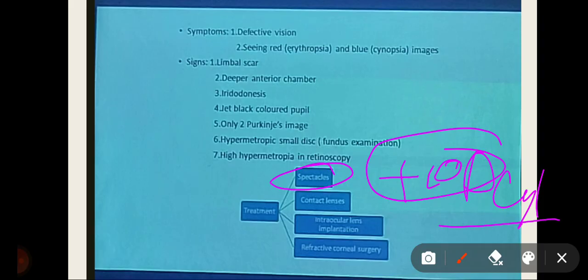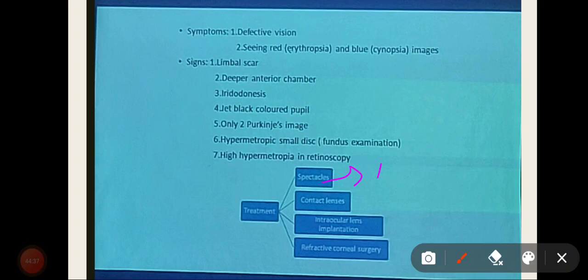However, the exact power of the glasses will differ in individual cases and should be estimated by refraction. An additional plus 3 to plus 4 diopters is required for near vision to compensate for the loss of accommodation. So what are the disadvantages, guys?